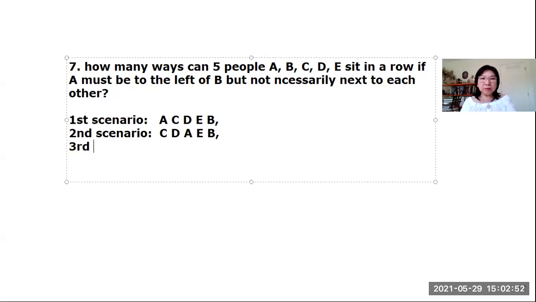Now the third one might be maybe E first, and then C, and then A again, but then not B, because they cannot be together. So it has to be D and B. So that's the three scenarios I just showed you. How many possible ways can we count without mathematics? Can we count on our fingers? Let's see.